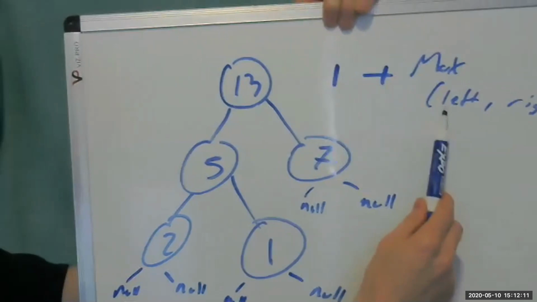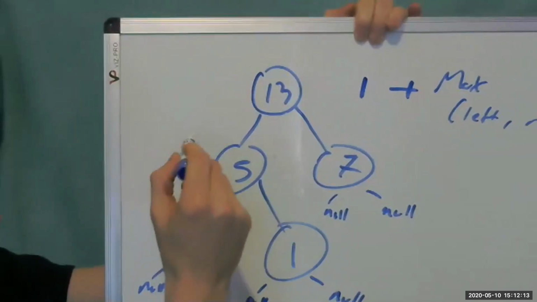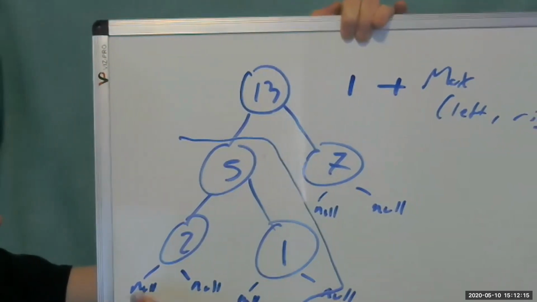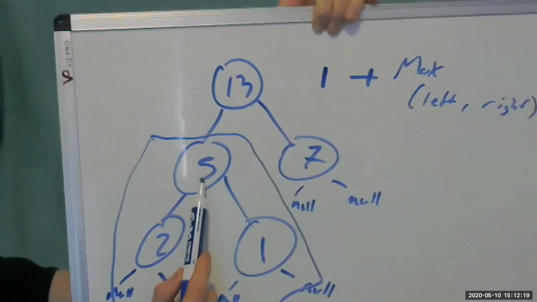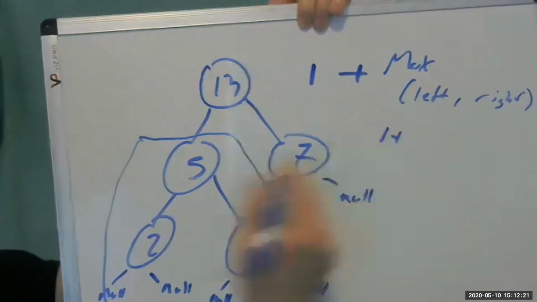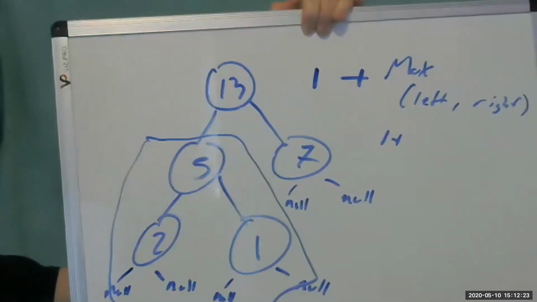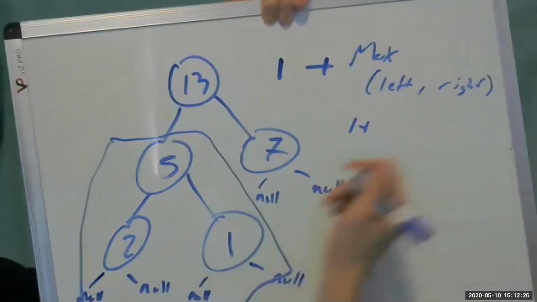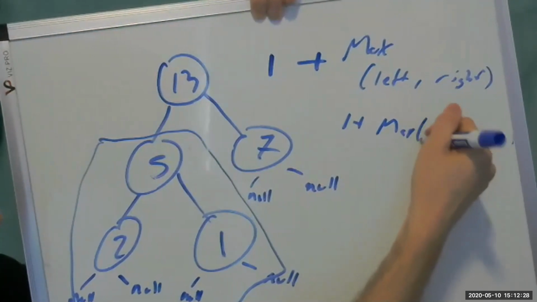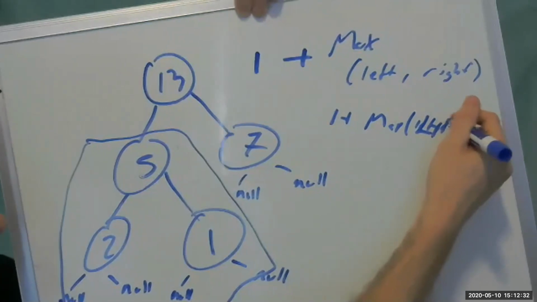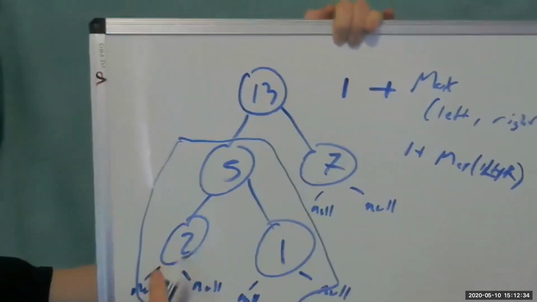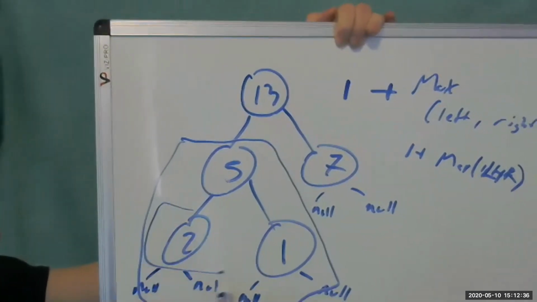So then our left side is this subtree. And it goes, okay, well, I am 1 plus the max of my two children. So it's going to be max of left and right. So I'm just going to say L and R. And so we're going to go down this one here.